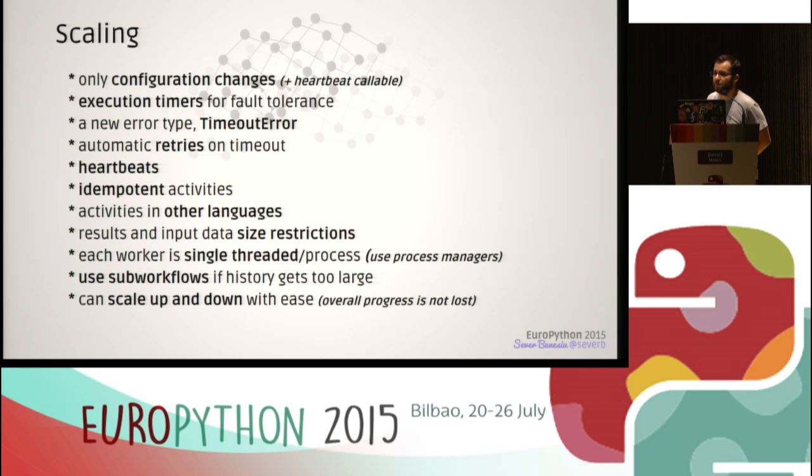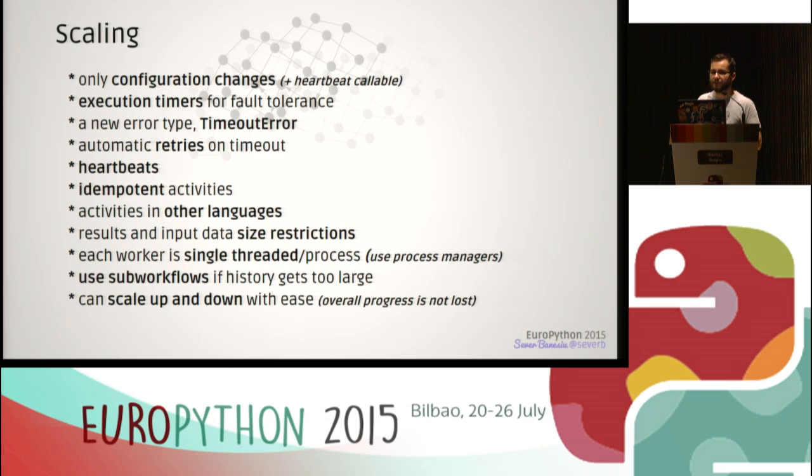Each worker, so when you are scaling and you run on multiple machines, you would have workers that are running continuously, not like we had for the local backend where they were running only for the duration of the workflow. And those workers are single-threaded, single-process, so if you want more of them on a single machine, you have to use your own process manager and start them and make sure that they are alive.